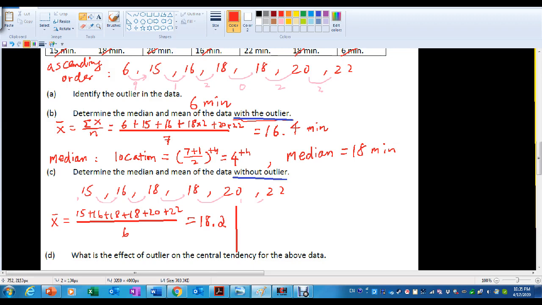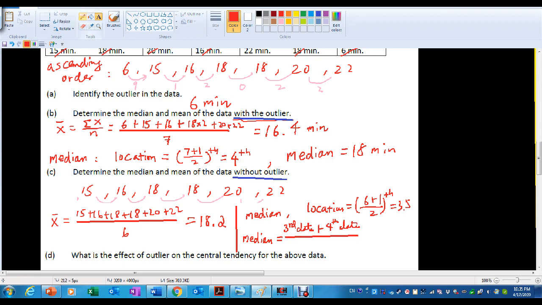Okay, so let's find the median. Its location should be 6 plus 1 divided by 2, so 3.5, which is between the 3rd and 4th data. So for the median, you need to find the third data plus the fourth data and divide by 2.